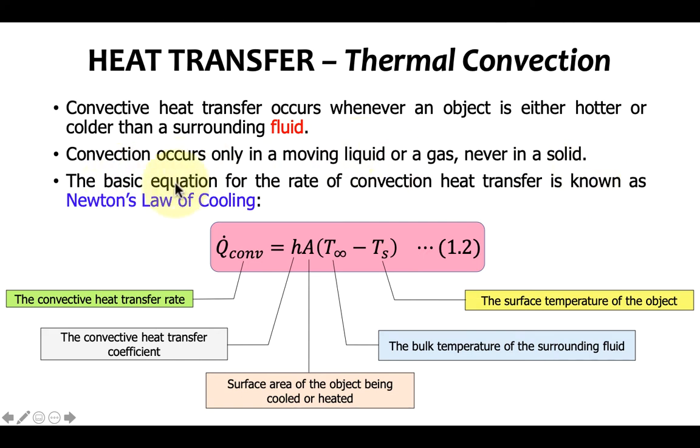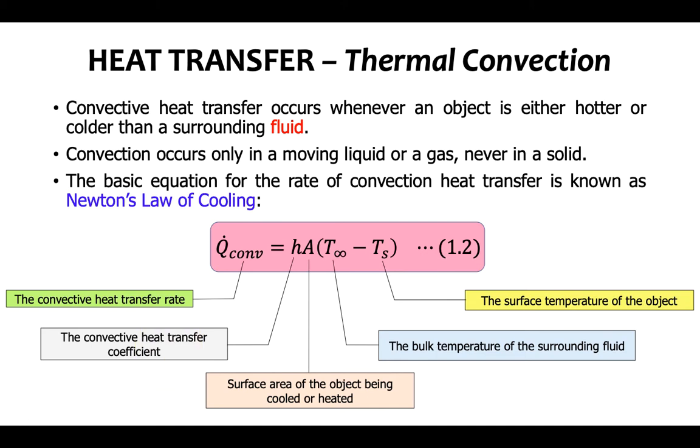The basic equation for the rate of convection heat transfer is known as Newton's law of cooling. Like in this equation, where Q-conv is the convective heat transfer rate. h here is the convective heat transfer coefficient.